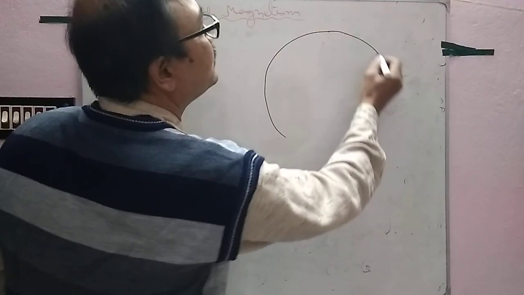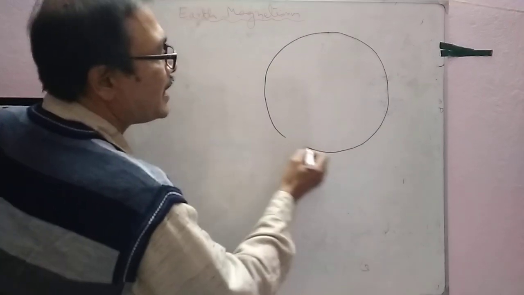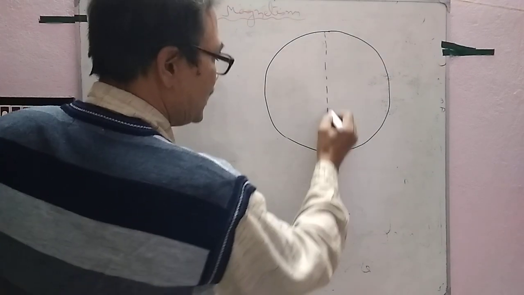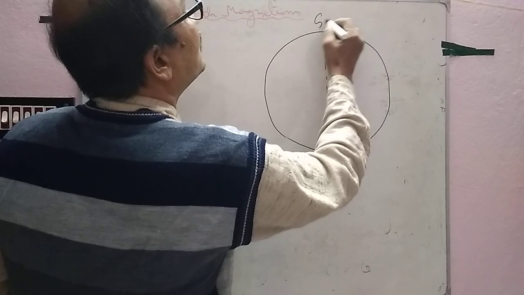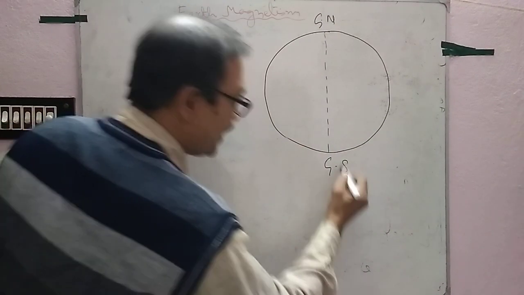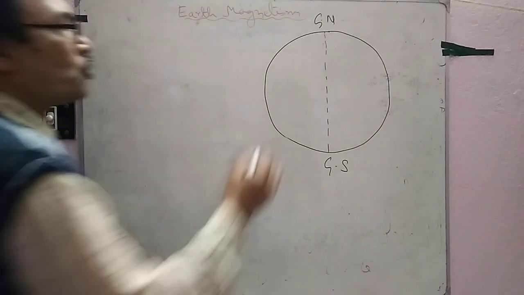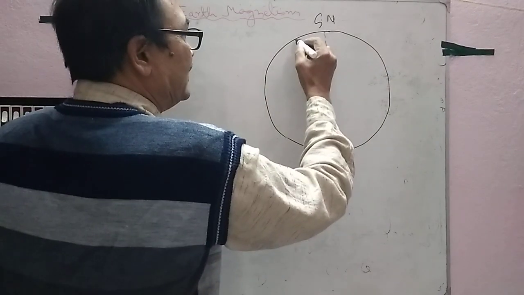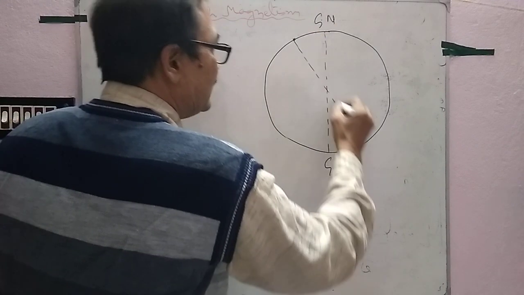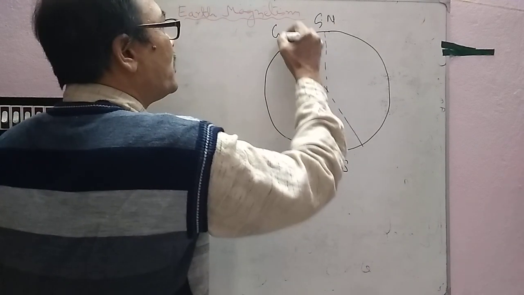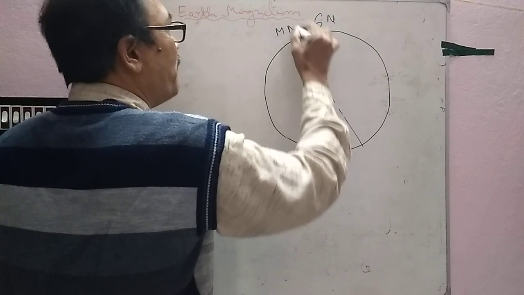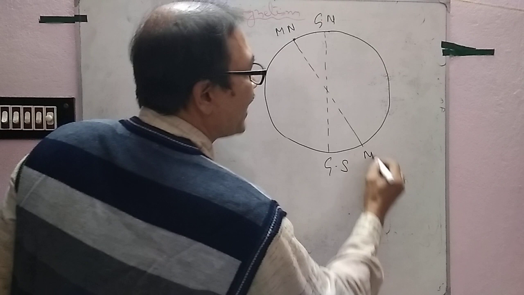this is the earth, and this is the geographical north GN, and this is the geographical south, and here this is the magnetic north, and this is the magnetic south.